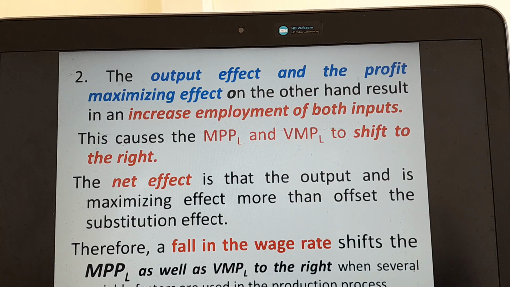Therefore, a fall in the wage rate shifts the marginal product as well as the value of marginal product to the right when several variable factors are used in the production process.